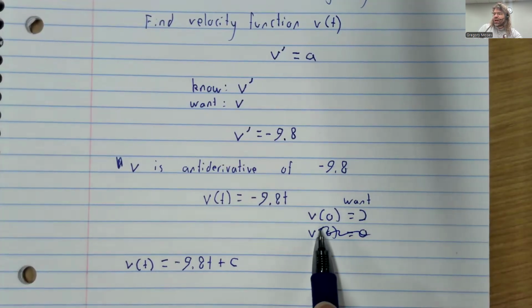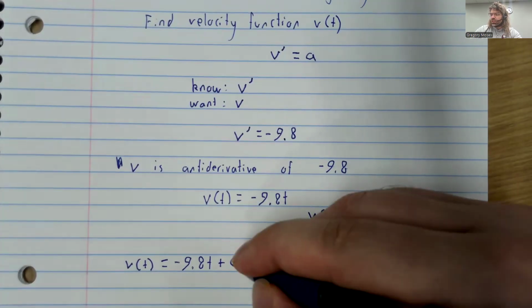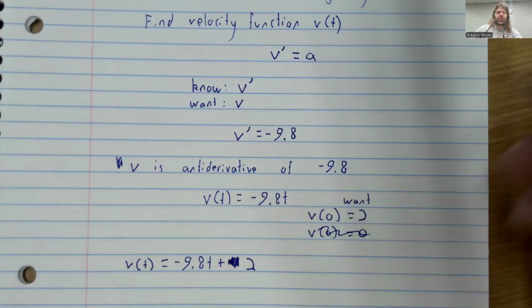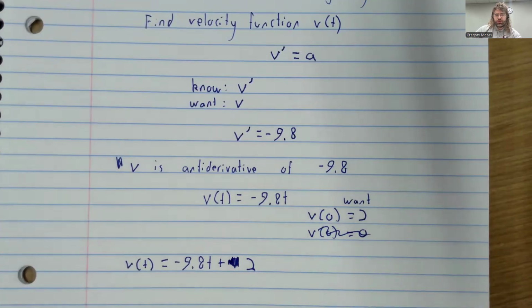And to satisfy v of 0 equals 2, that constant has to be 2.